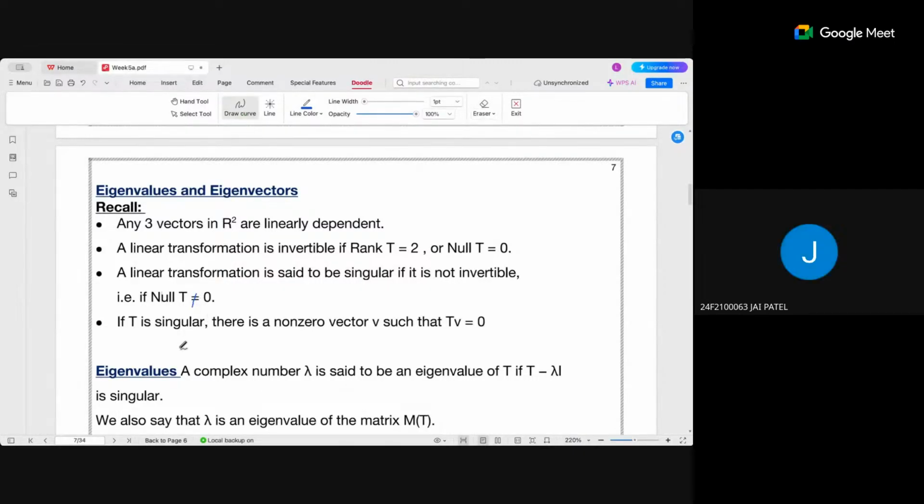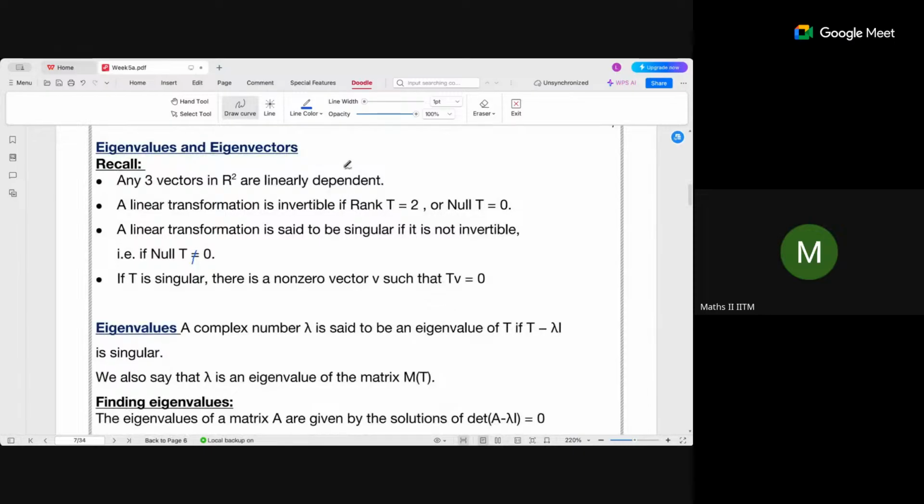Determinant of T will be 0, right? Null of T is non-zero will make sense. All right. If T is singular, then there is a non-zero vector v. So that is what is meant by null of T is non-zero, right? So if T is singular, then we have a non-zero vector such that T v equal to 0. Okay. Fine. So why do we need this?